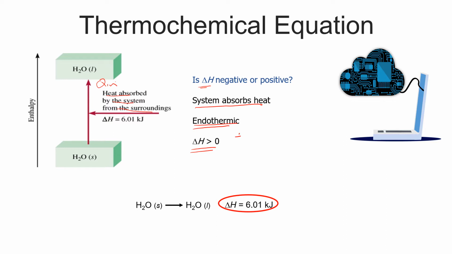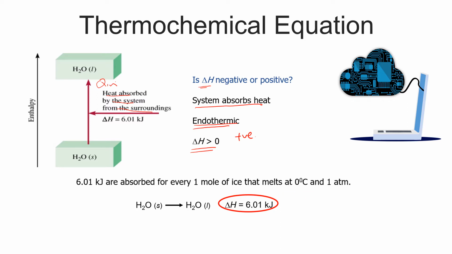Dia akan jadi positif. Okay, for example kita ada H2O solid becomes H2O liquid. So delta H is equal to 6.01. Okay. Dia kata kat sini kan 6.01 kJ are absorbed for every 1 mole of ice that melts at 0 degree Celsius and 1 atm.